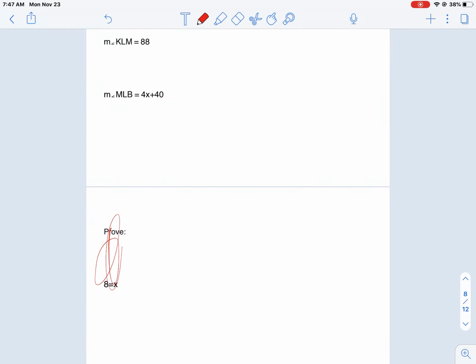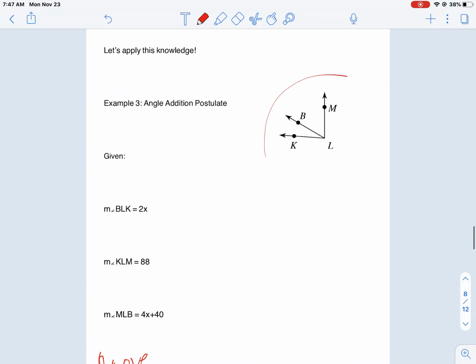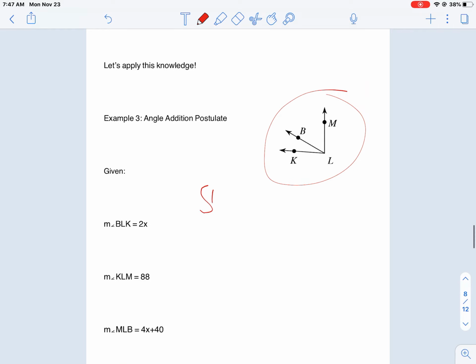All right, last one. So we've got prove 8 equals x. All right, so the next one's going to work the same way. We've got an angle, so now we have to use angle addition postulate.